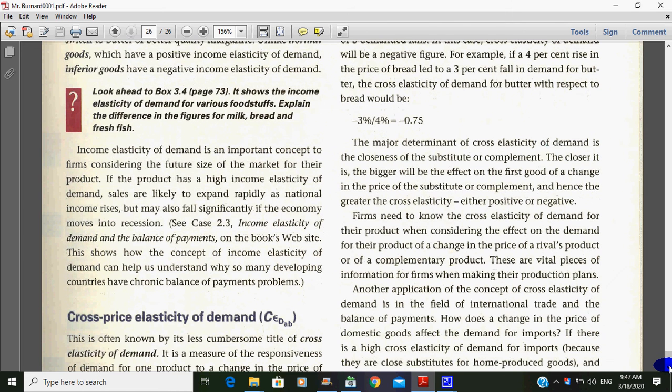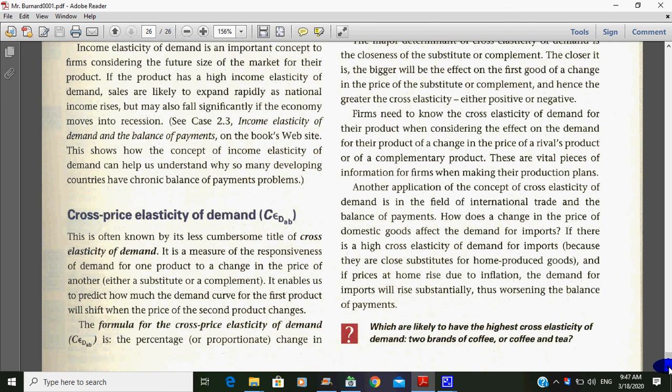Firms need to know the cross elasticity of demand for their product when considering the effect on the demand for their product of a change in the price of a rival's product or of a complementary product. These are vital pieces of information for firms when making their production plans.